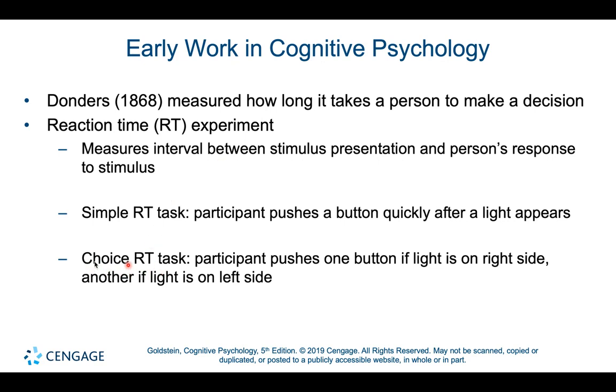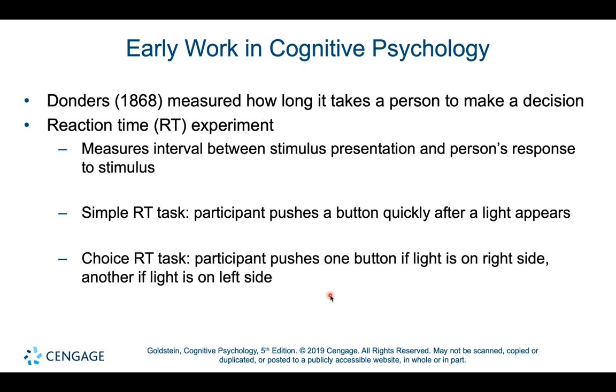The next task, which is a little more complicated, is that Donders presents the participant with two lights, one light on their right-hand side and one light on their left-hand side. And one of these lights will turn on, either the left light or the right light. And if the left light turns on, the participant must press the left button.